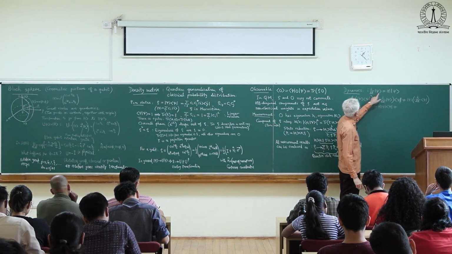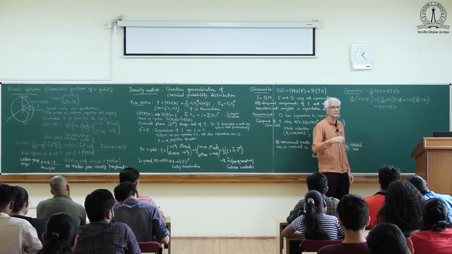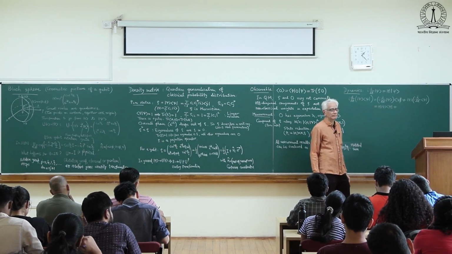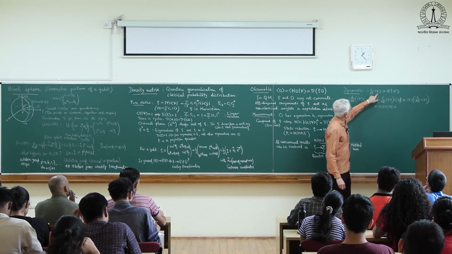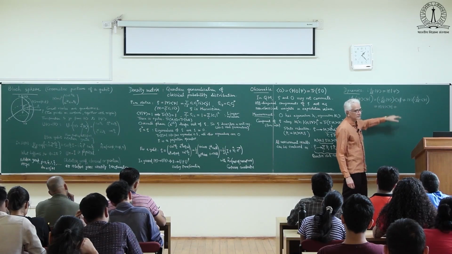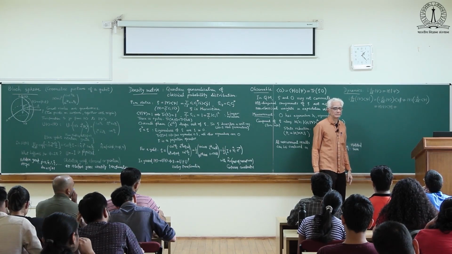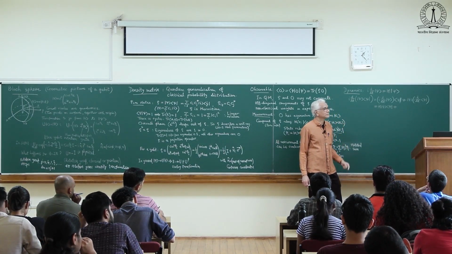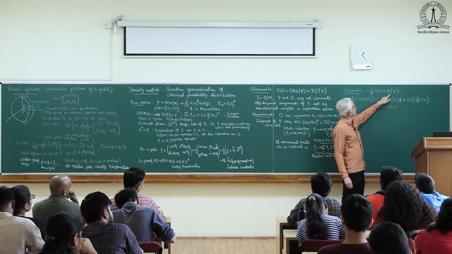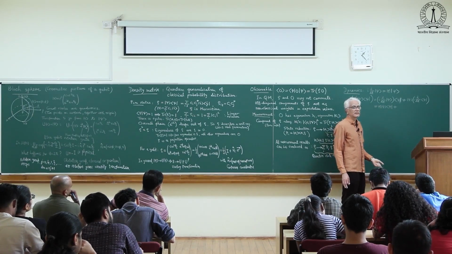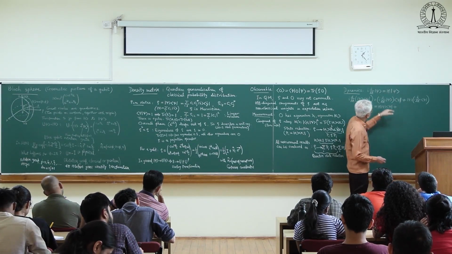For that, I will take the adjoint of this equation, conjugate and transpose. What happens on the left hand side? This psi will get converted to the other vector, and I will change i to minus i. On the right hand side, H is Hermitian. So you take an adjoint, it will remain itself, except that the order will be reversed. So it will appear as psi on the other side.